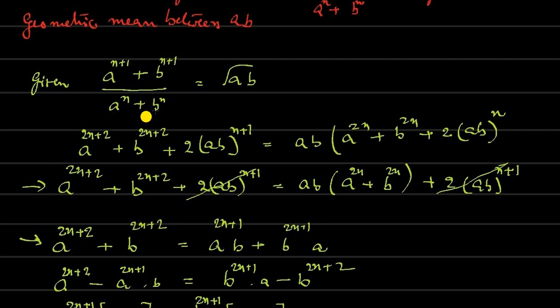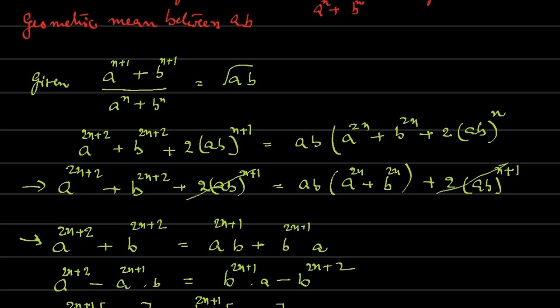Why don't you square it: a power 2n plus 2 plus b power 2n plus 2 plus 2(ab) power n plus 1, whole over (a plus b)... is ab times this square. I have brought this one to this side.